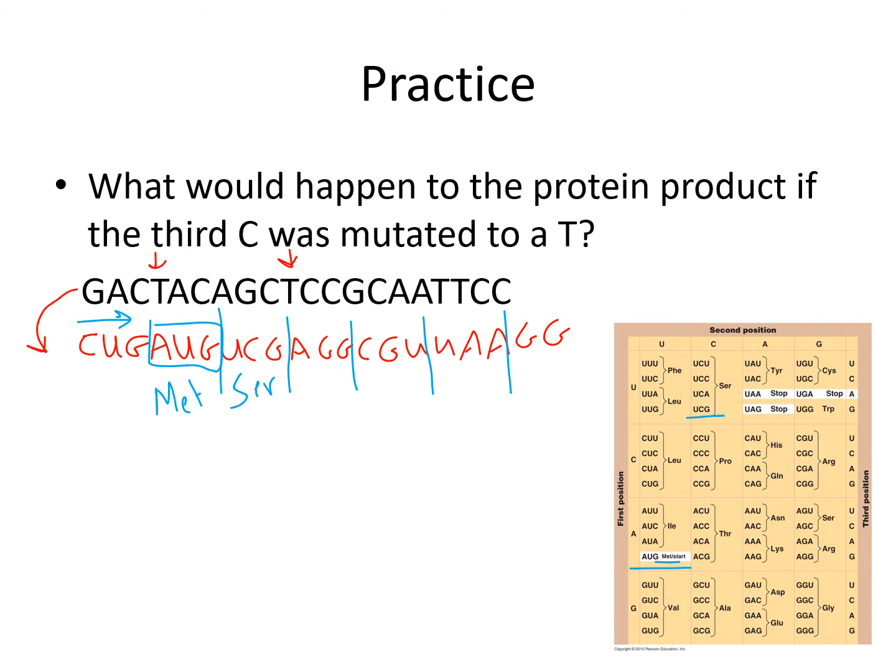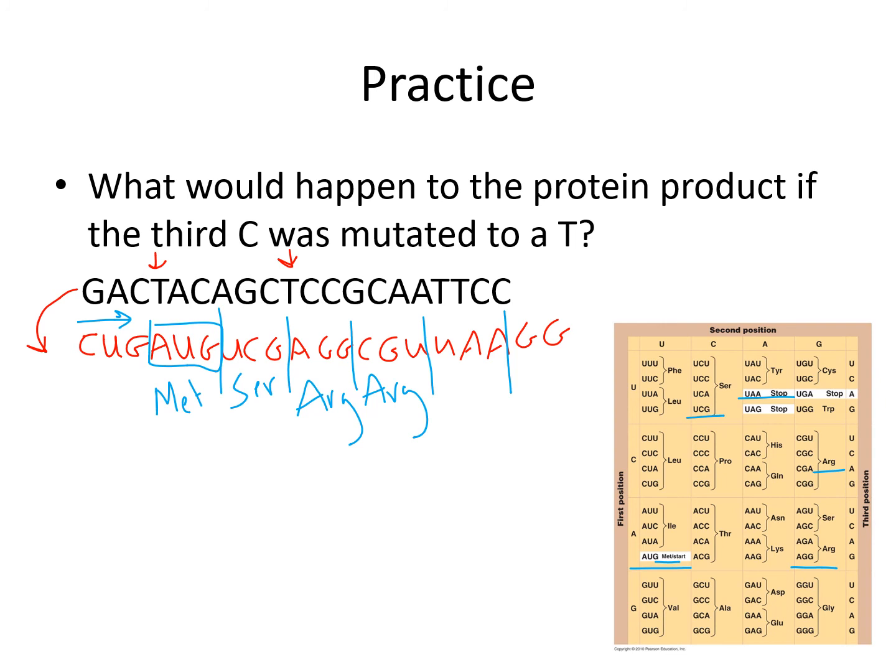And AGG is arginine. Then CGU is arginine. And UAA is a stop, so then you stop. So the normal protein, the wild type protein, is methionine, serine, arginine.